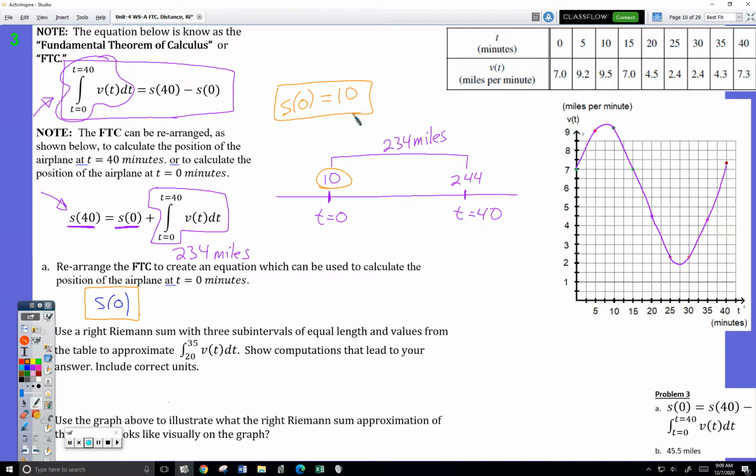If we don't know that S of 0 is 10, but we happen to know that S of 40 is 244, we just have to take away the displacement. So now you're subtracting.